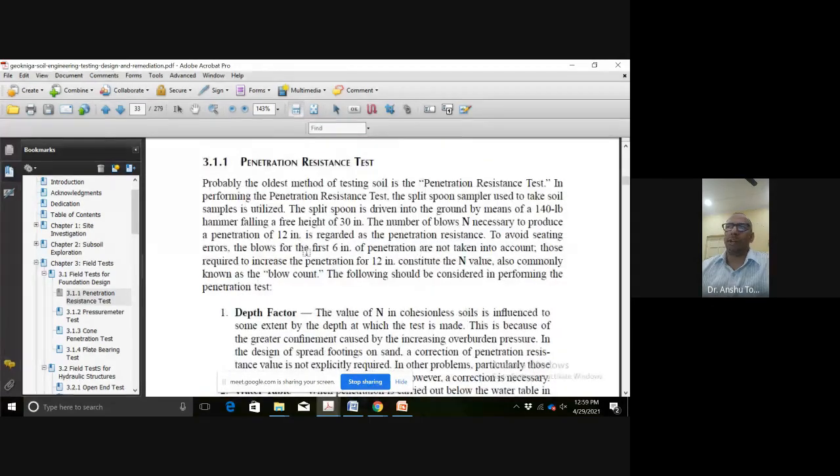So this is the first one, that is the penetration resistance test. We will try to cover the maximum in minimum time, the standard tests and some special tests.